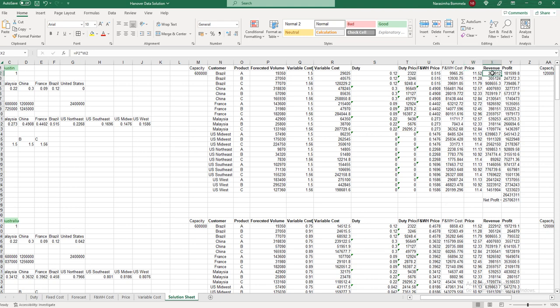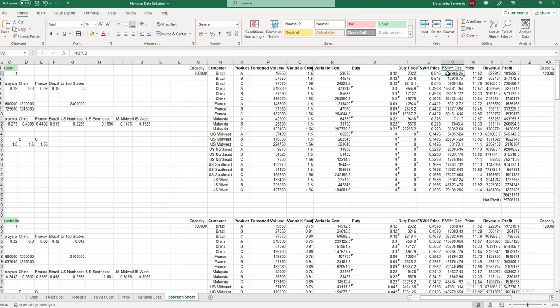From this total revenue, we calculate duty free cost, that is each unit duty free cost times total volume, and each unit F&W warehouse cost times total volume, which gives freight and warehouse cost, and total variable cost for the total volume. So from revenue we subtract variable cost, duty free cost, and F&W hedge cost.